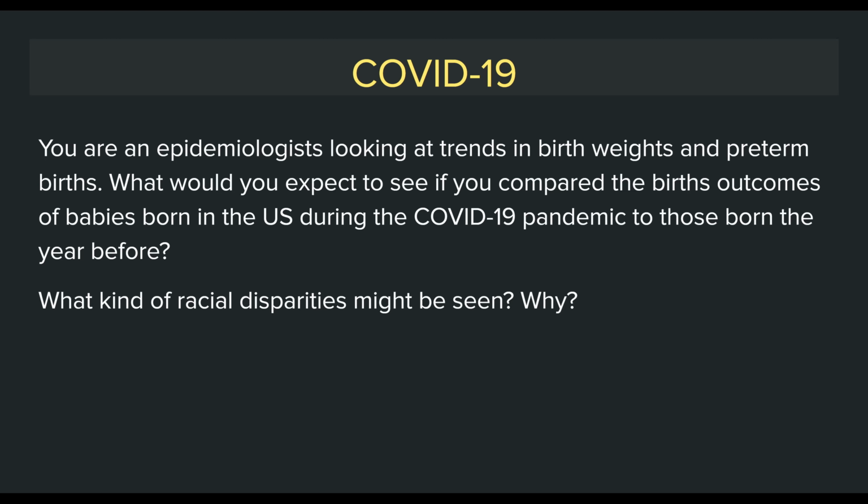So probably Hispanic, Latina families, especially if there was someone who was undocumented in their family, I would expect there to be an increase in preterm birth and low birth weight because a lot of the COVID pandemic relief you weren't eligible for, even if everyone in your family was a documented citizen and there was one person who wasn't. So a husband who wasn't and the wife and all the children were, you didn't get any money. You were ineligible for all of that relief. And so I would expect inequities there.